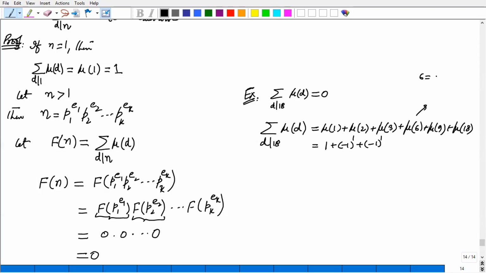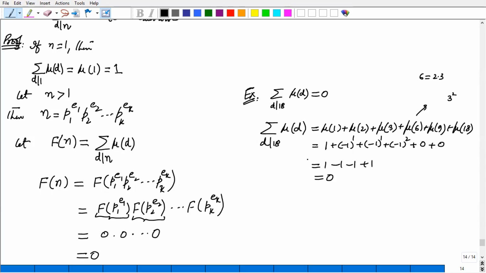So 6 can be written as 2 times 3, the product of two distinct primes, so this is minus 1 to the power 2. 9 can be written as 3 squared, so this number is divisible by the square of a prime, so this is 0. Similarly, 18 is divisible by 3 squared, so this is also 0. So 1 minus 1 minus 1 plus 1, so this is again 0.